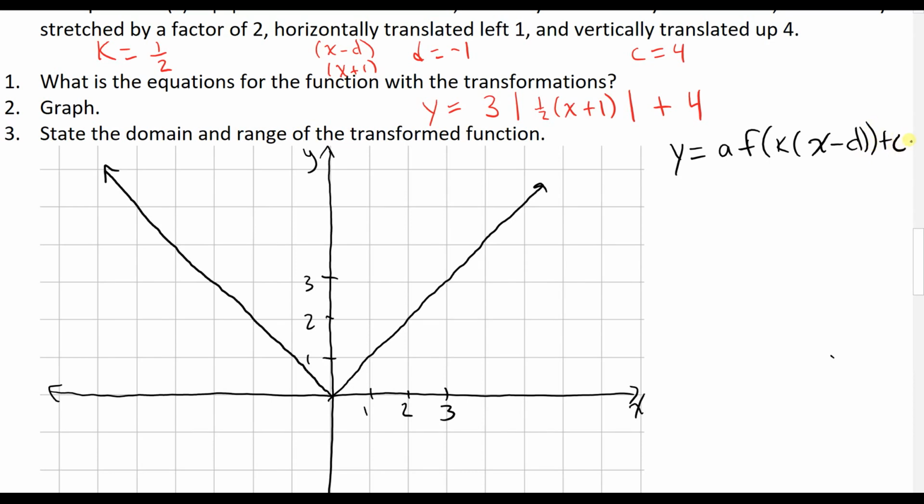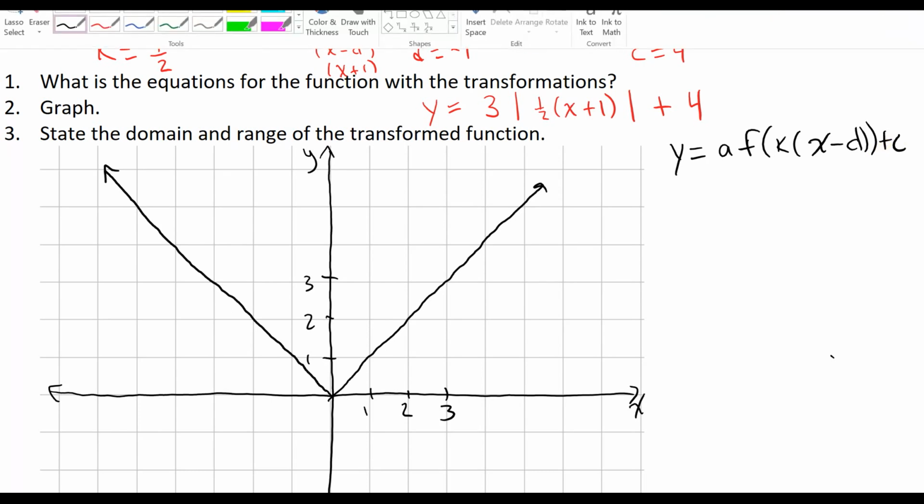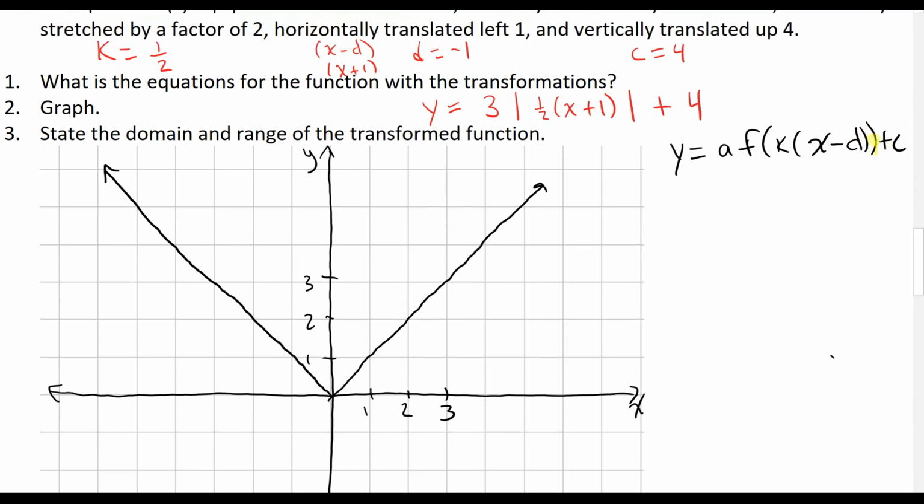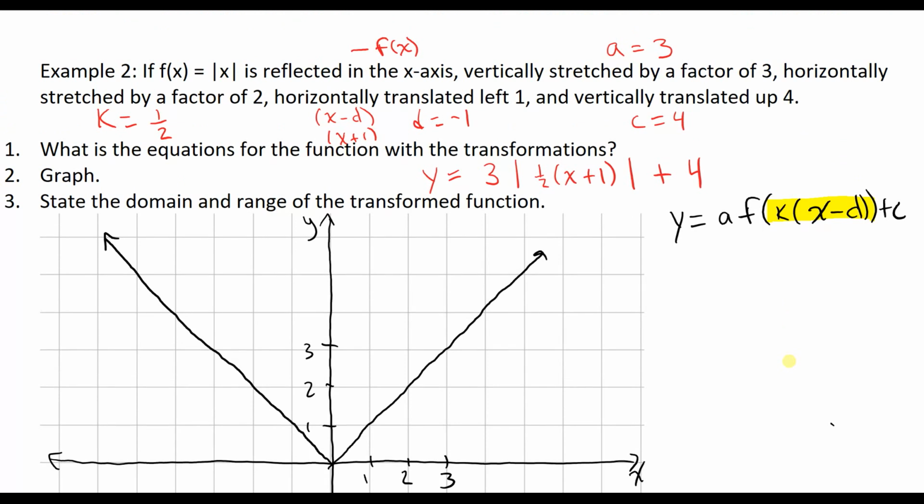Okay, so everything that's inside the function is horizontal. So we had horizontally translated left 1 and horizontally stretched by a factor of 2, and they're both inside. Because it's happening to the input, it's happening to the independent variable.